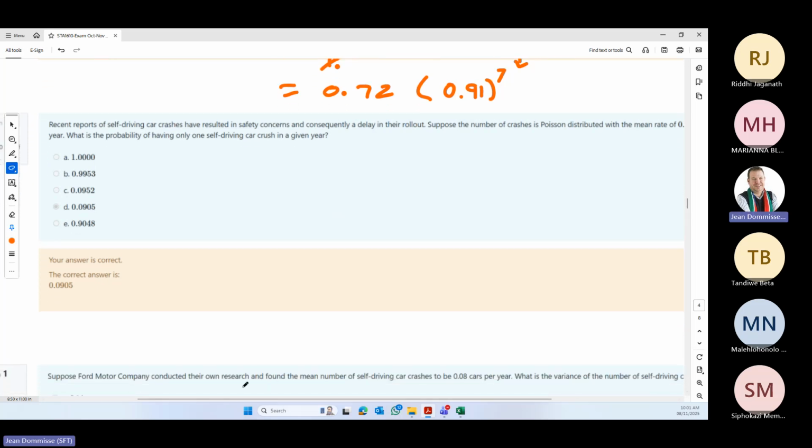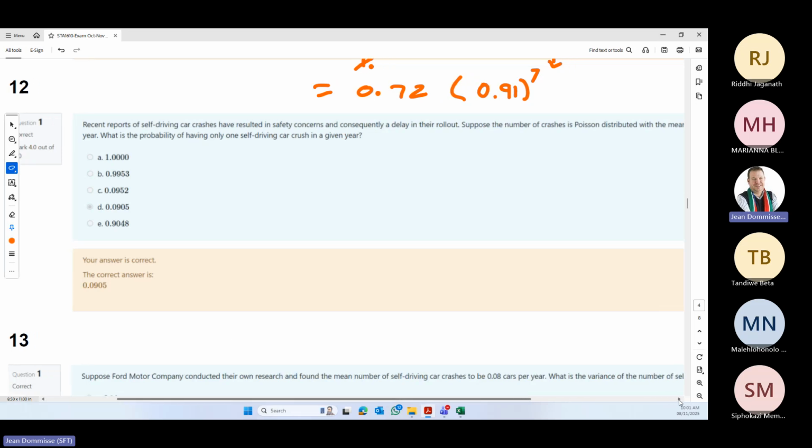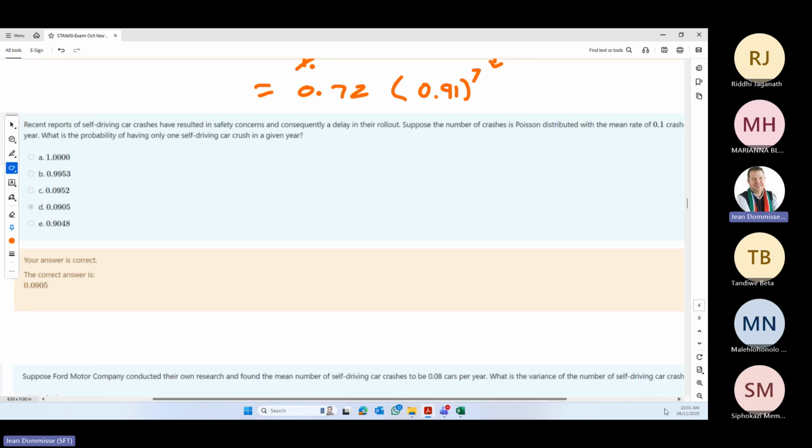Okay, so now we go into the last two questions to end off up until study unit 5. Recent reports of self-driving car crashes have resulted in safety concerns and consequently a delay in their rollout.